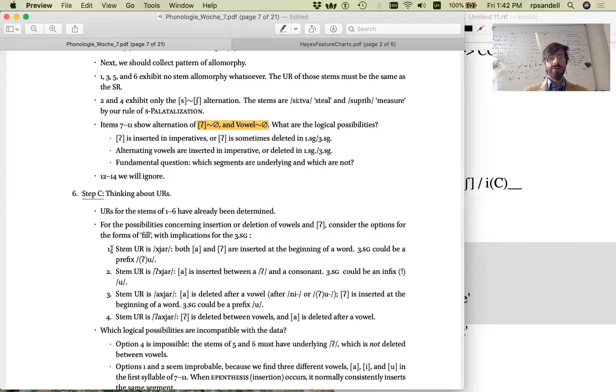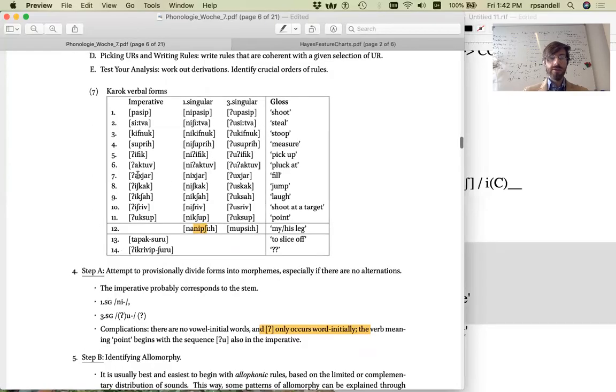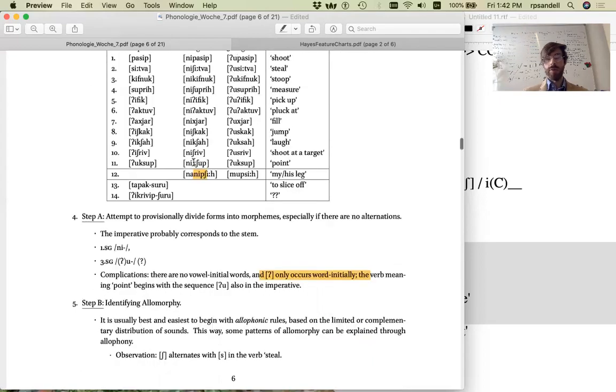So here we have 4 possibilities. Since row number 7 shows the sequence khayar in all 3 forms, those sounds, the velar fricative, the glide ya, the vowel, and the rhotic, must all be underlying.